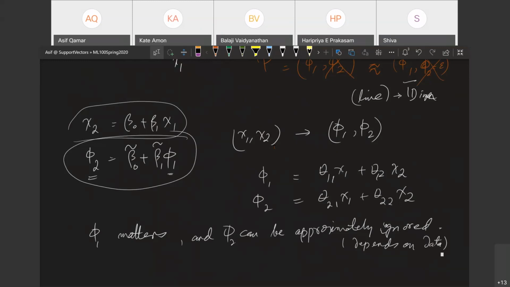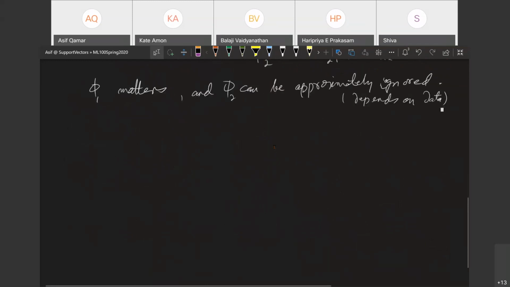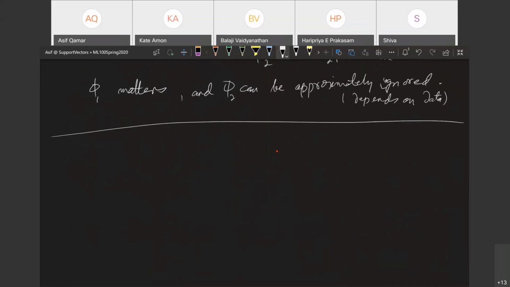So here you realize that in this particular data, you seem to be able to find a relationship in a lower dimensional space. Now let me give you some thought experiments. Consider this data set, these situations.